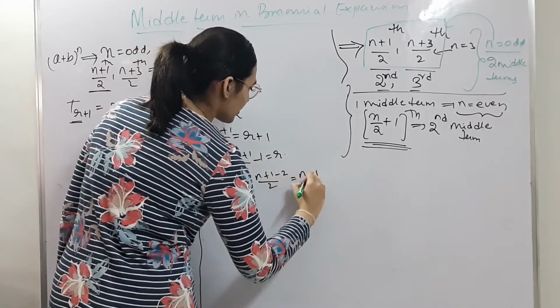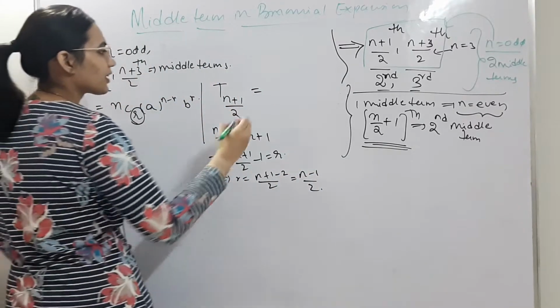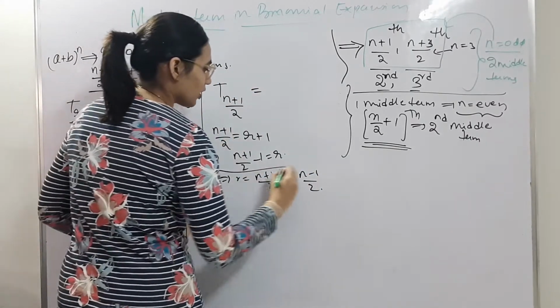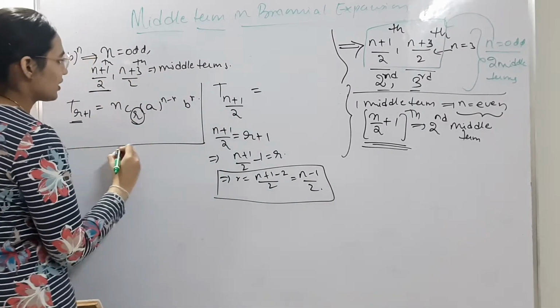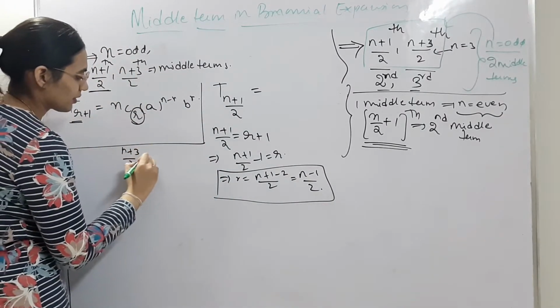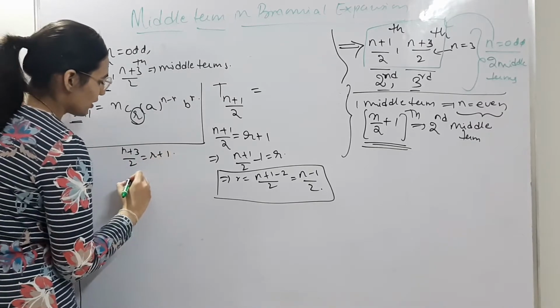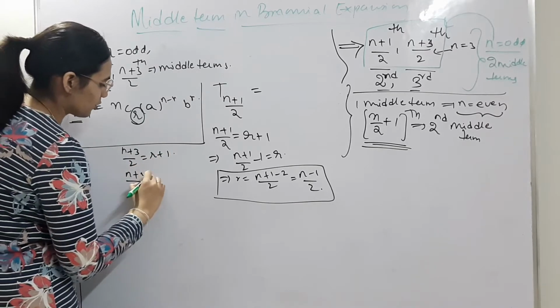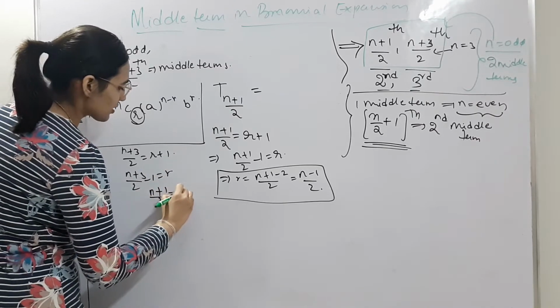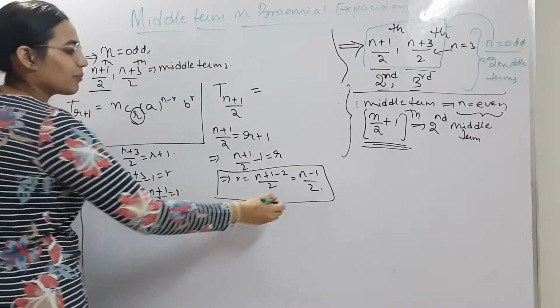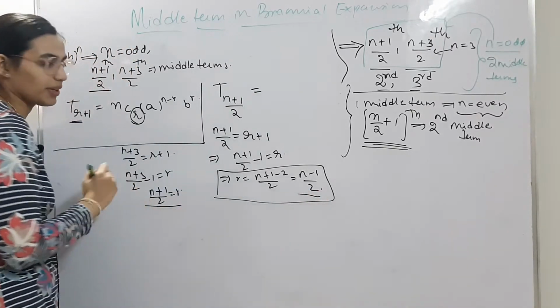It's nothing but (n minus 1) by 2. So here we got r as (n minus 1) by 2. In the same way, if you take (n plus 3) by 2 as r plus 1, we get how much? (n plus 3) by 2 minus 1 is equal to r, and we get (n plus 1) by 2 as r. So (n minus 1) by 2 and (n plus 1) by 2.